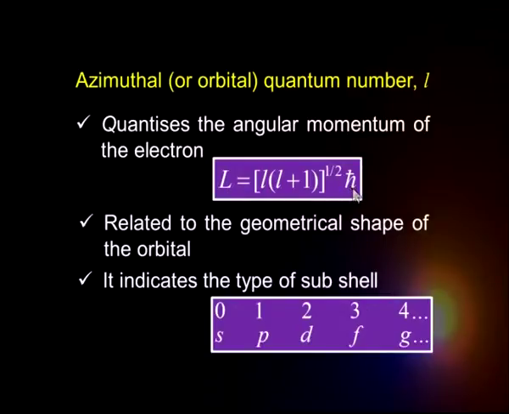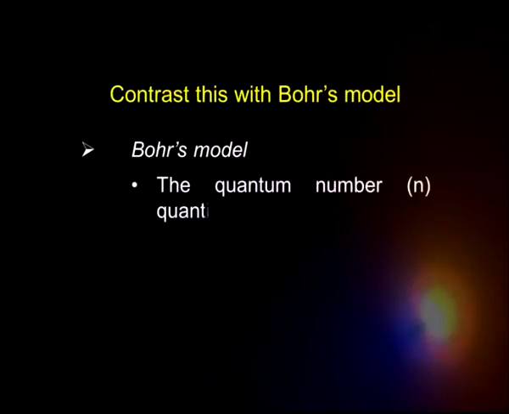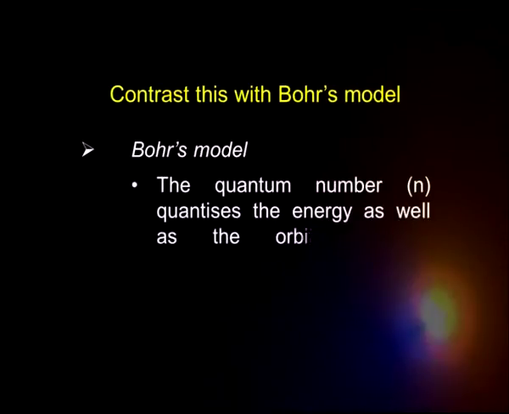Now what does this mean? This is a very significant thing again. Let's try to see. If you recall Bohr's model, we had only one quantum number n, and that quantum number was quantizing the energy as well as the angular momentum, because you remember that E was equal to h nu, that is the quantization of energy, and L was equal to nh by 2 pi.